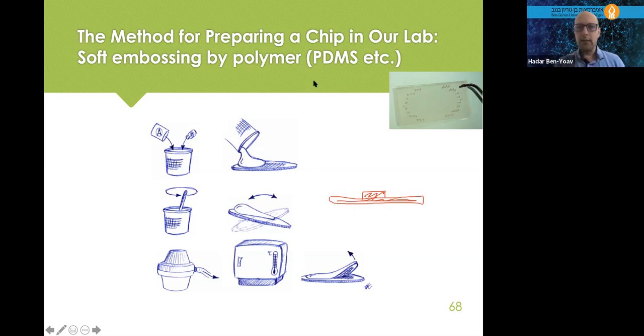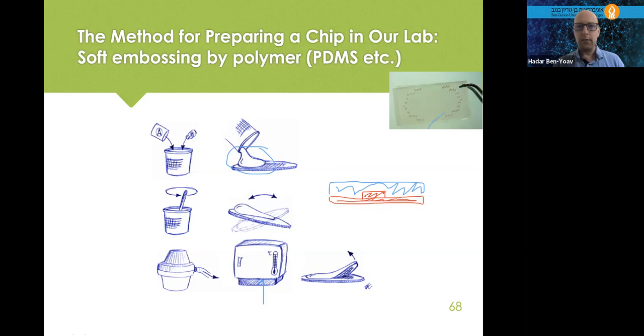And then we pour all the PDMS, polydimethylsiloxane, on top of it. It's kind of like a polymer. You put it in the oven. You cure it, it solidifies, it becomes solid or a bit rubbery.